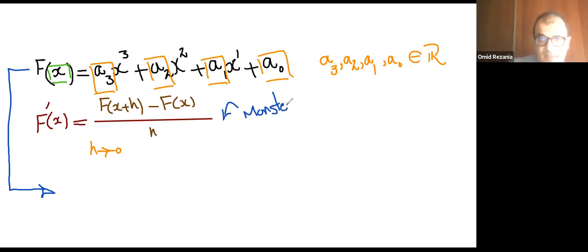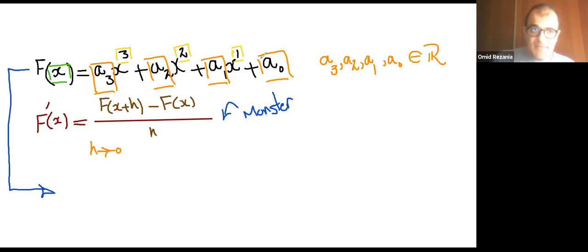Something that we have, it's very unpleasant. So much to deal with, especially with the cubic functions when you have, for example, the other exponents. For example, when you have x to the power 3, x to the power 2, and also x to the power 1, you see that it becomes very nasty when you want to deal with this monster.